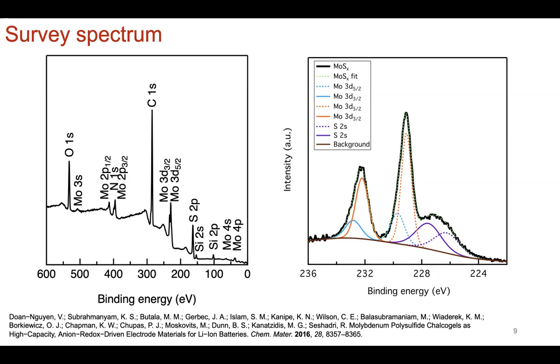And for this particular study, we were really interested, that was the core of the study, in how much sulfur was there upon discharge and charge, upon lithiation and delithiation, and how the structure changes to accommodate the extra lithium ions.